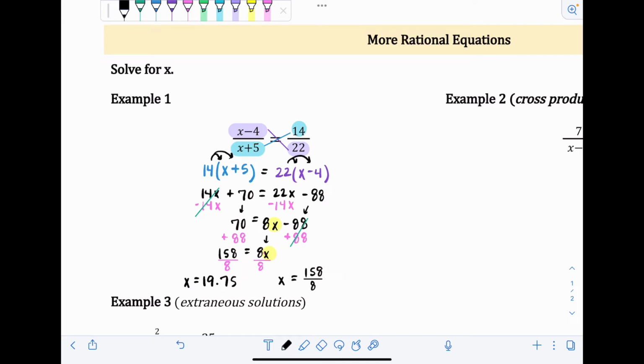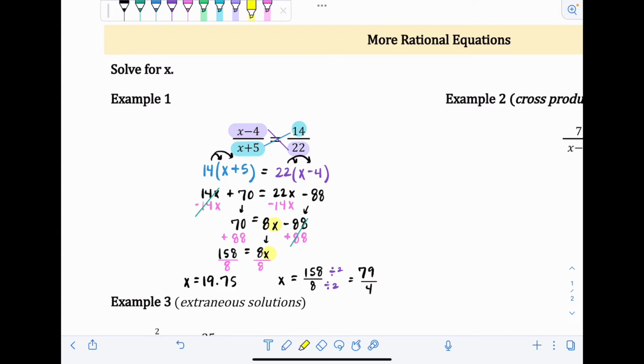So 158, we could divide both by, it looks like just 2, so 158 divided by 2 would go down to 79. So divide numerator and denominator by 2, so 158 divided by 2 is 79, and then 8 divided by 2 would be 4.